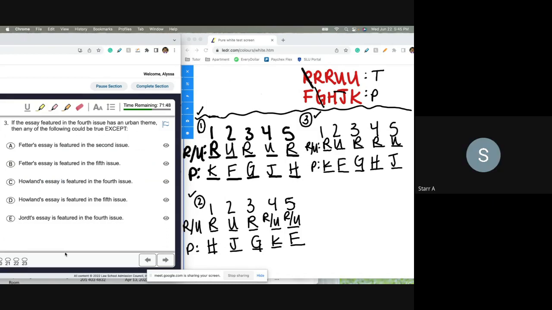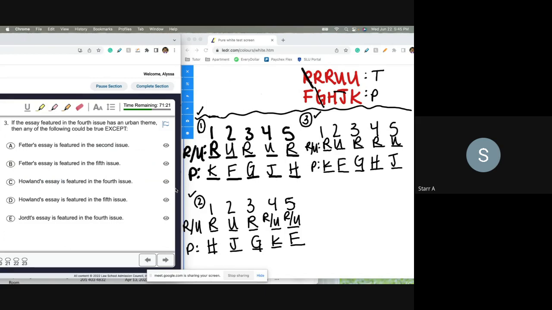So I was looking at the second B. It says Fetter's essay is featured in the fifth. So that works for the second world. H essay is featured in the fourth. H is not in the fourth. K is there. And A also is incorrect because F is not in the second, it's in the fifth.